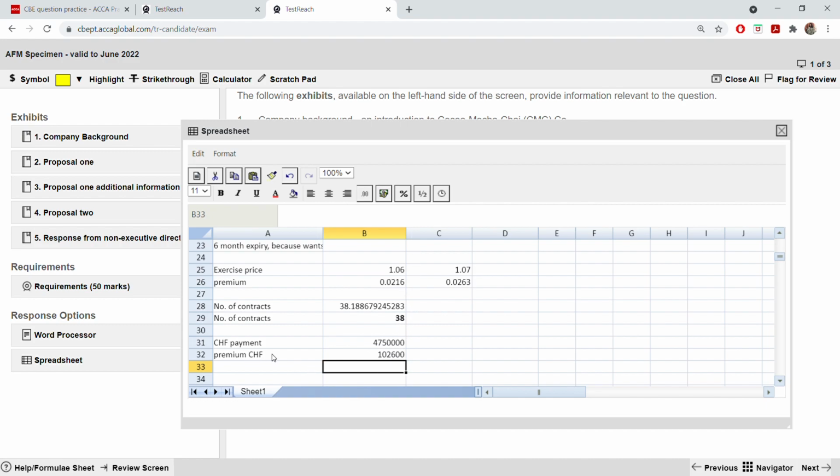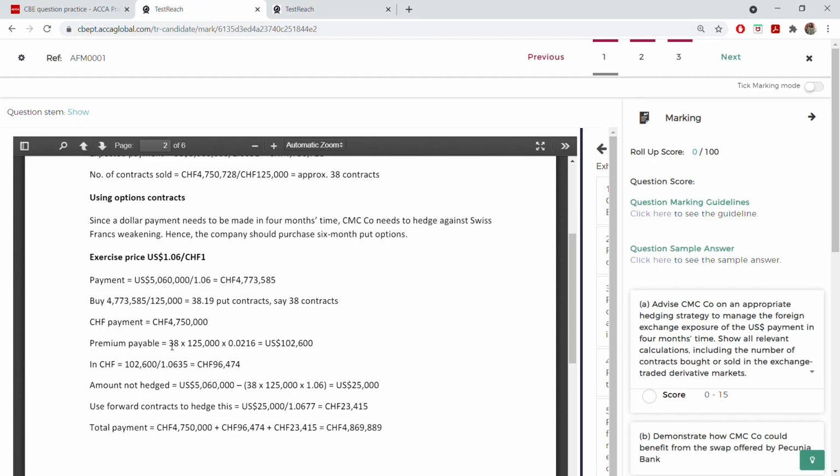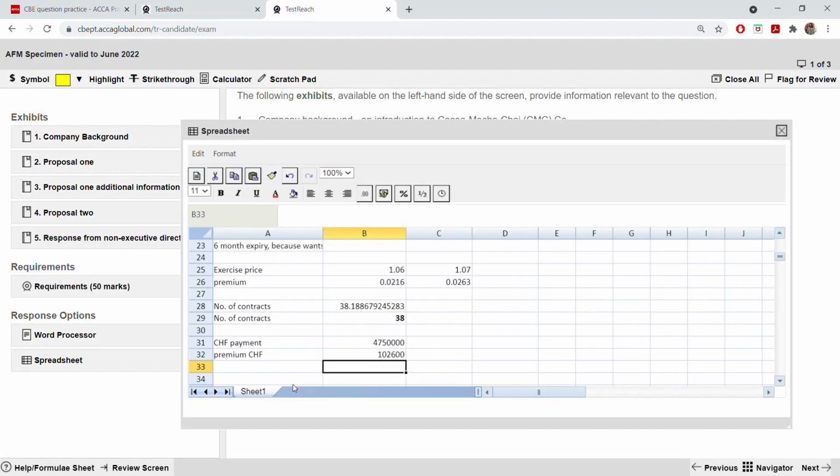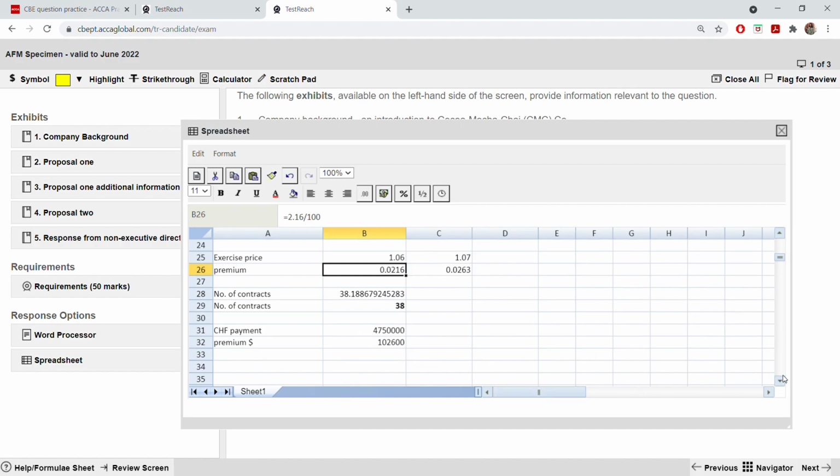You will get this premium. But this premium is in US dollar. I'm sorry, it is not in Swiss franc. It is in US dollar, because this premium price is in dollar per 1 Swiss franc. You have to convert this into Swiss franc later on.